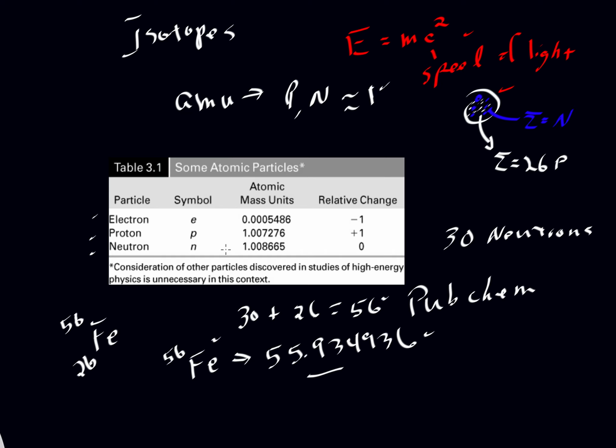The nuclear binding force is greater than the gravitational force, or much greater than the forces of electronic attraction, etc. And so that's why we get this difference here. Iron 56 is lighter because the protons and neutrons have lost some of their mass. They no longer have these values, and they've given it up to form this nuclear binding energy.